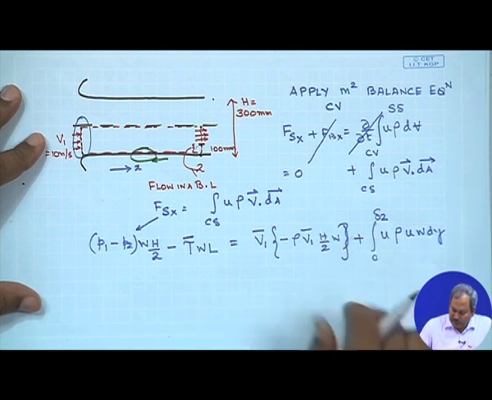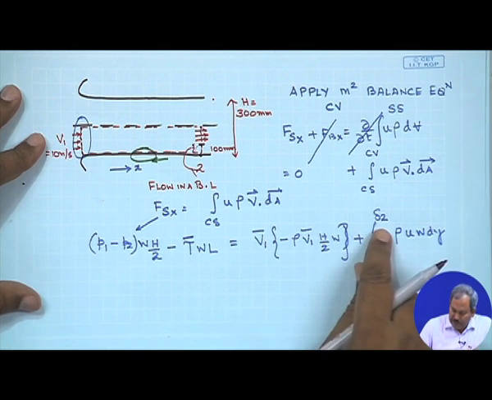Look at it carefully. The first part u rho W dy, when you integrate it over the entire thickness of the boundary layer, would simply give you the mass flow rate.